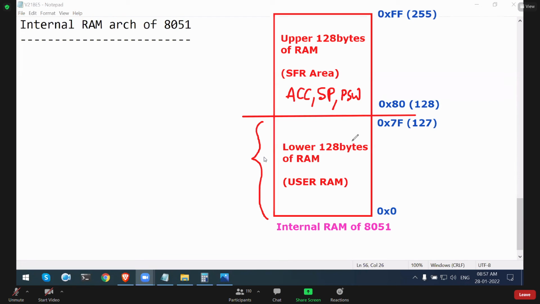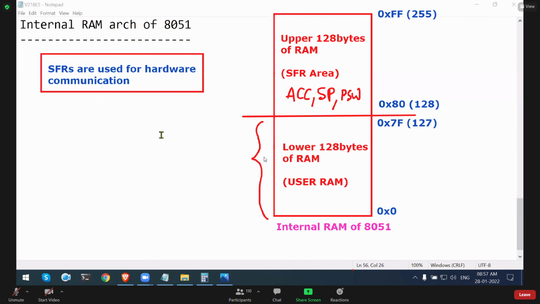Again, the user RAM is divided into three parts. Why have they given the SFR area? Remember, SFR means special function registers, and SFRs are used for hardware communication. Make a note of this.